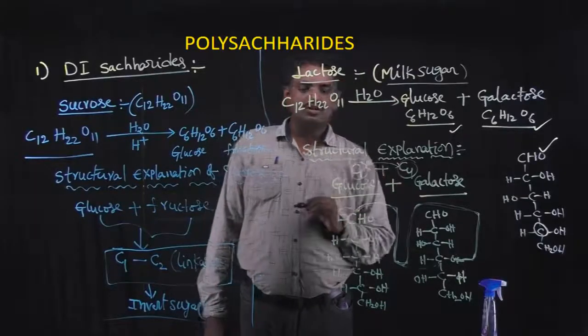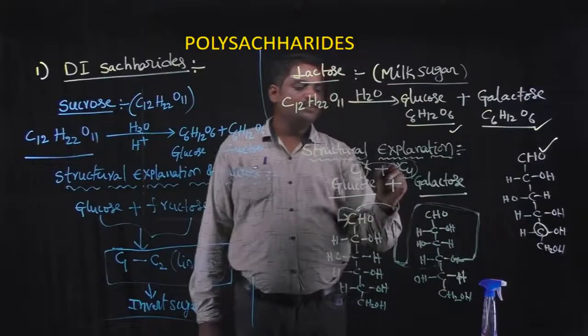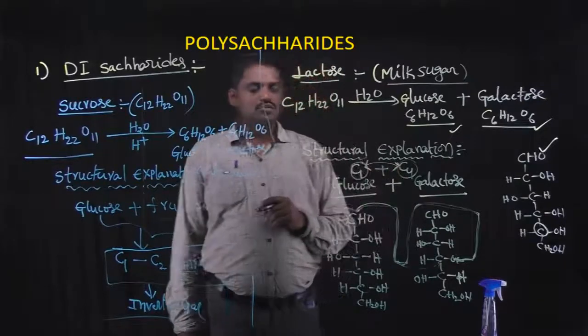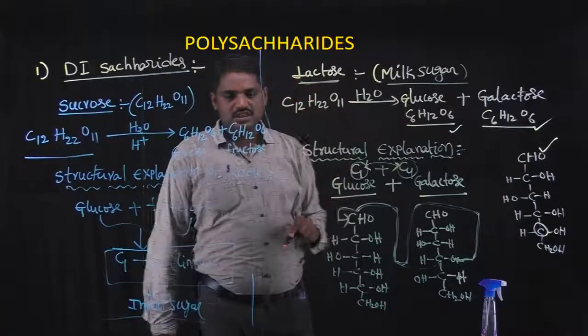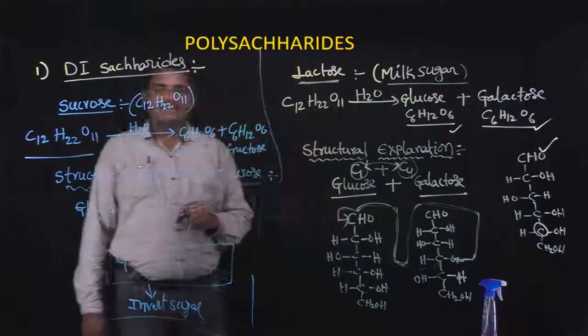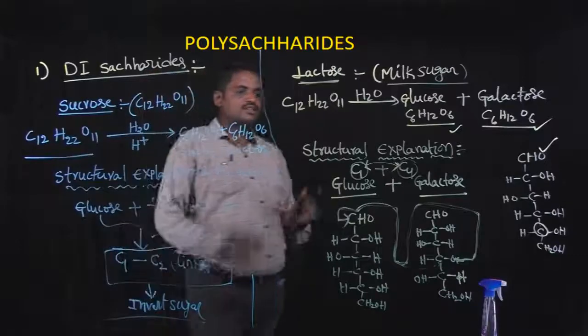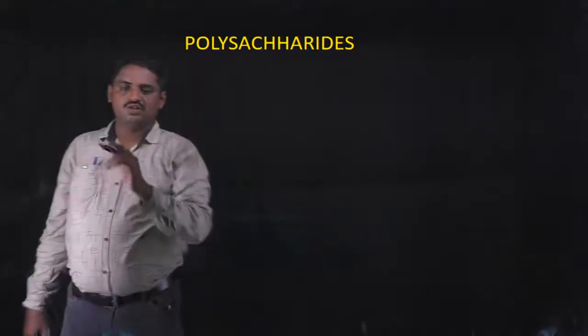So the first carbon of glucose is linked with the fourth carbon of galactose to produce lactose. This is the structural explanation for lactose. Okay, now the structural explanation for starch.